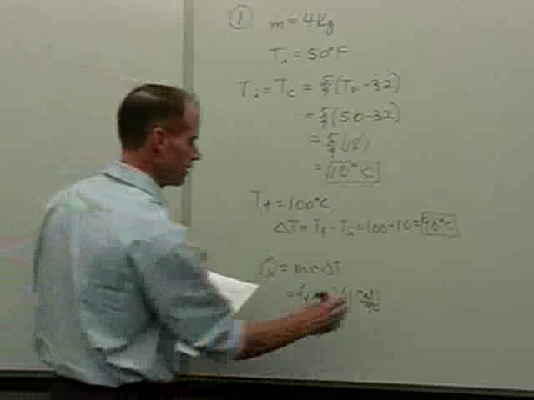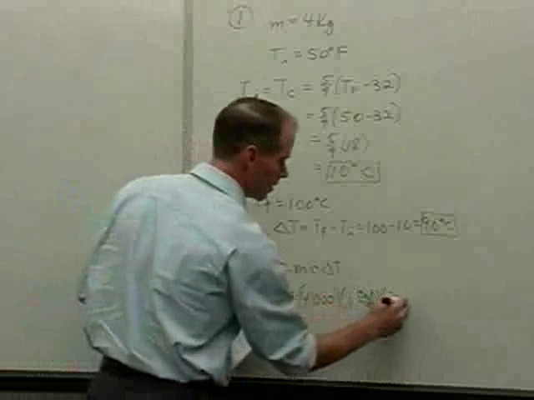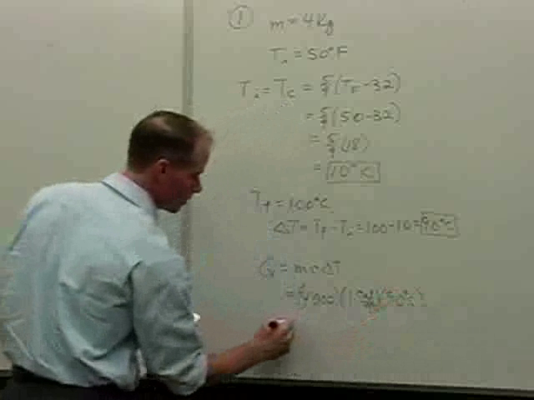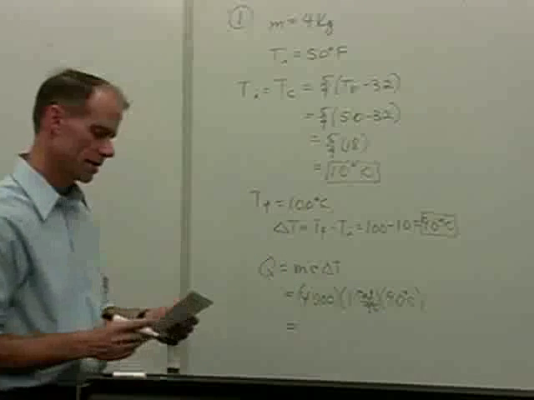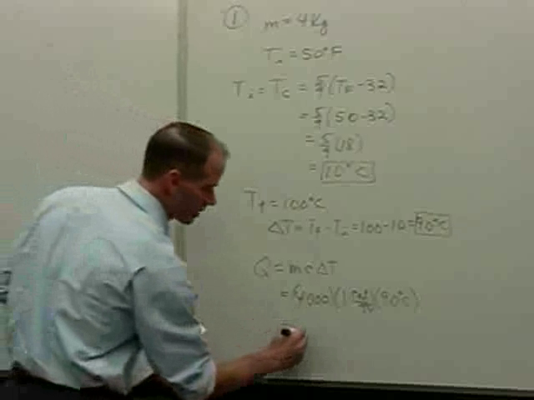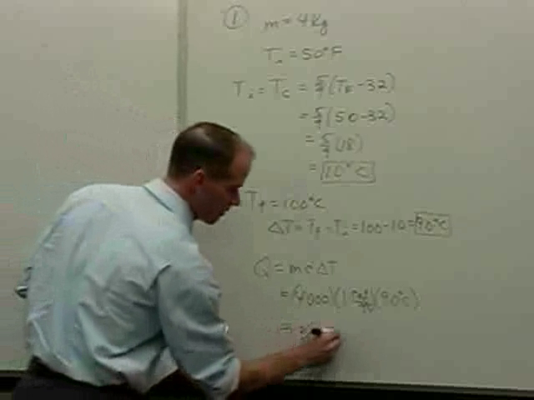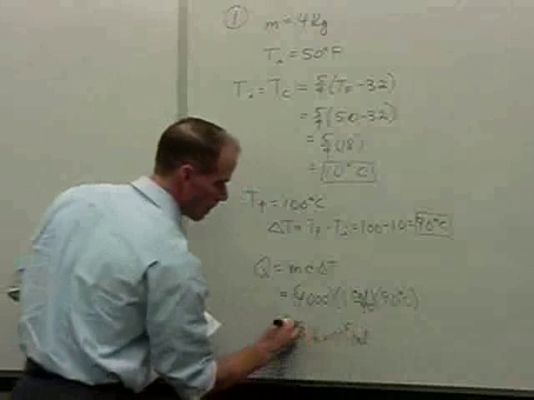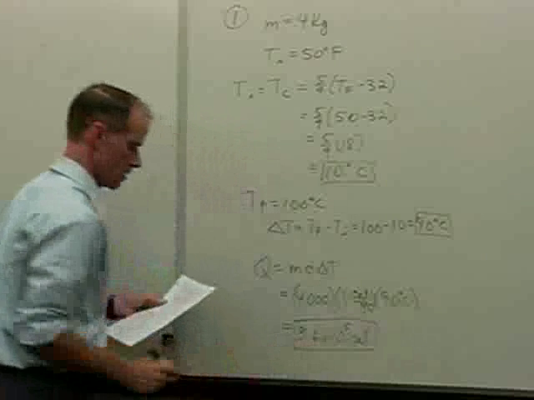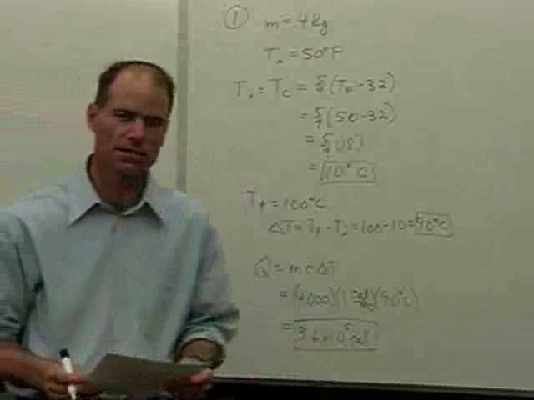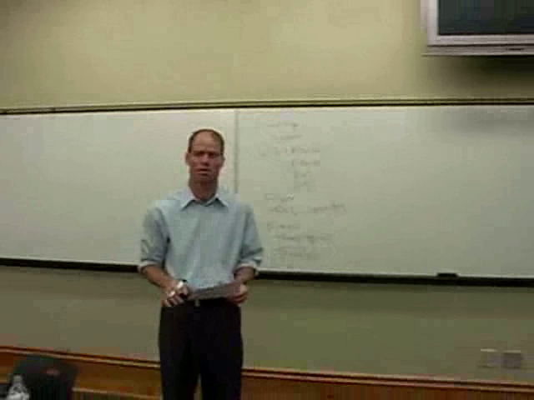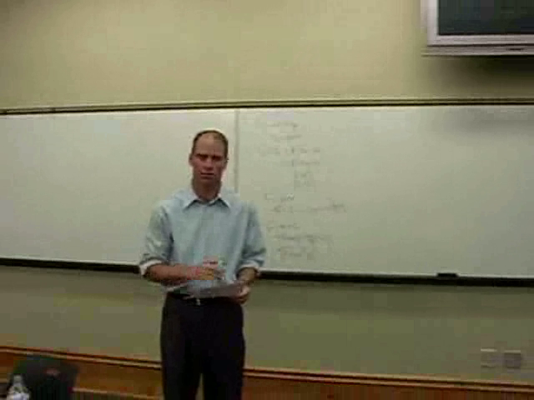And we have 90 degrees. So this gives us 3.6 times 10 to the 5 calories. So it'll take 360,000 calories to raise 4 kilograms of water from 50 degrees Fahrenheit to boiling.